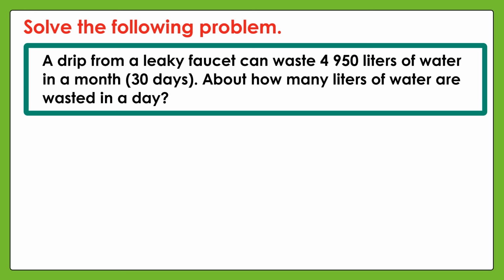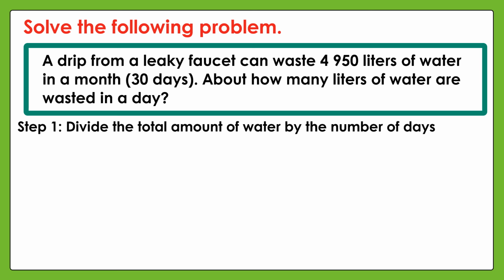Next, a drip from a leaky faucet can waste 4,950 liters of water in a month or 30 days. About how many liters of water are wasted in a day? Step 1. Divide the total amount of water by the number of days.